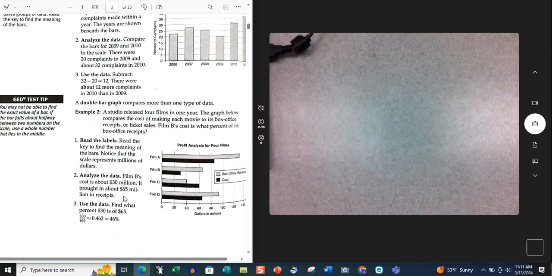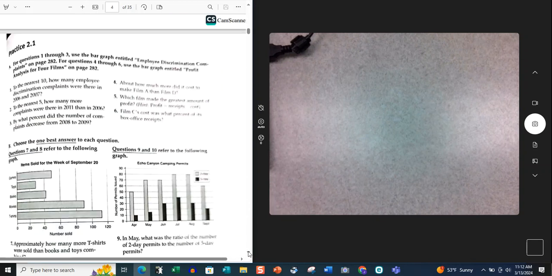It's really 30 million of 65 million. So we'll take 30 divided by 65, and that gives you approximately 46%. So basically, you have 46% is the percent of 30 out of 65.